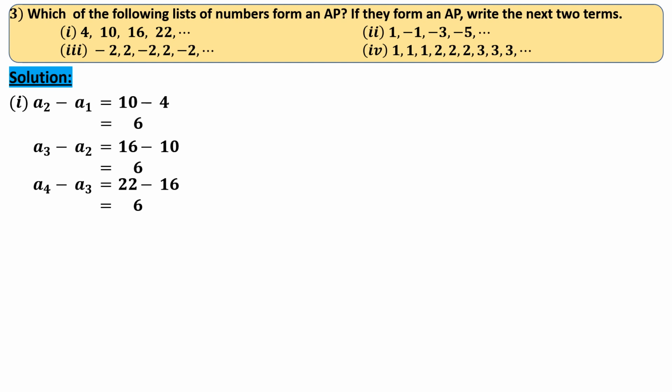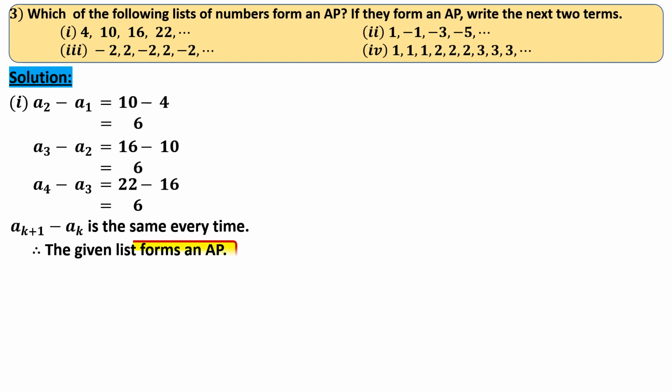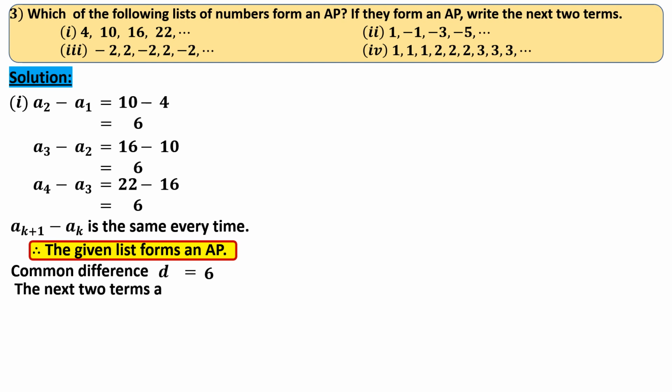What do we see here? The difference between any two consecutive terms is the same. That is, ak plus 1 minus ak is the same every time for each and every k. The given list forms an AP. What is the common difference here? Of course, it is d equals 6.